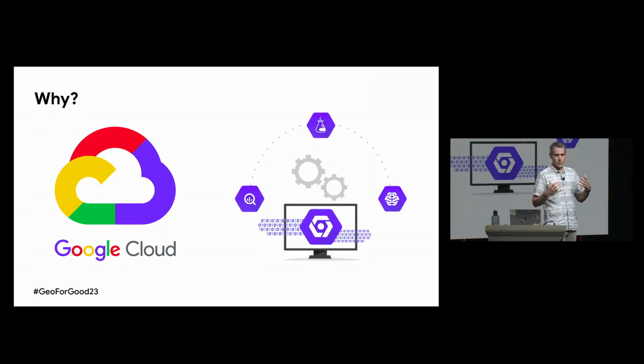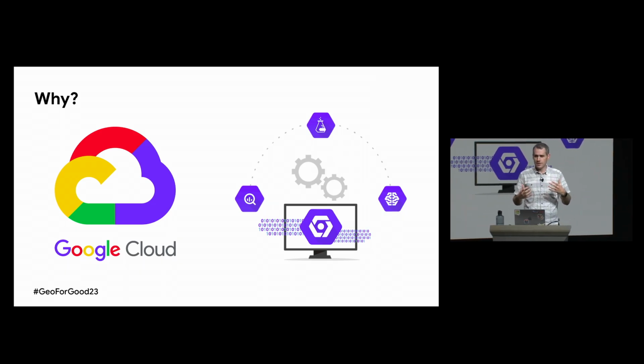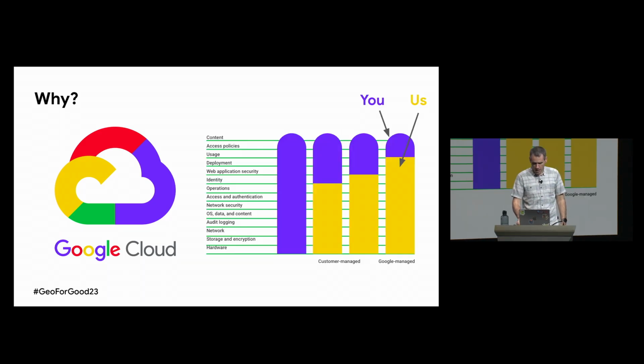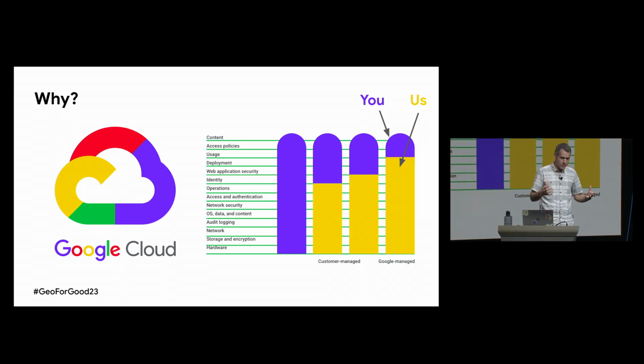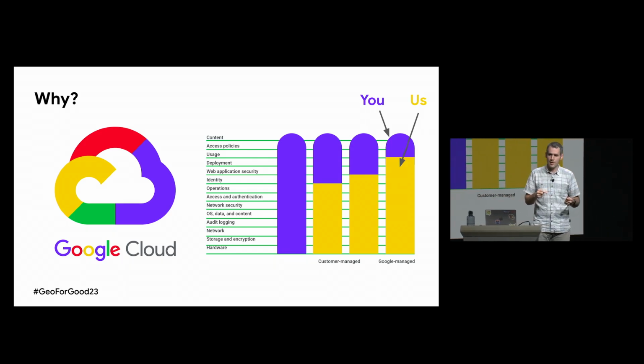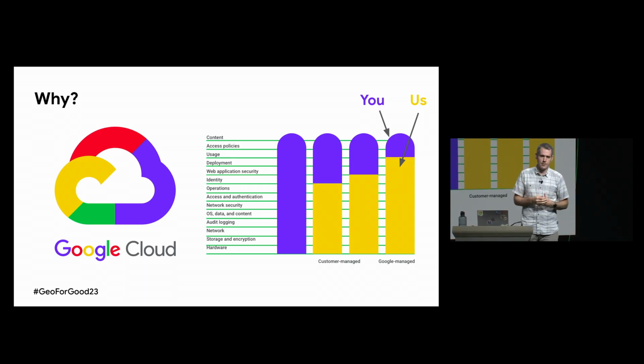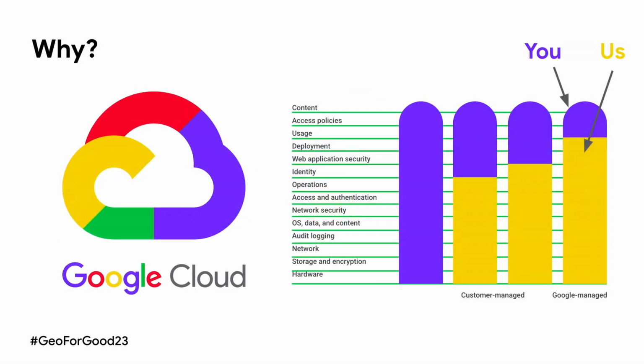We offer lots of different products, right? The first question you might be asking yourself is why? Why Earth Engine and Google Cloud? Why are we bringing these two together? Google Cloud's goal, you could say, is really the same type of goal that Earth Engine has. Google Cloud's goal is to say, hey, let us do most of the work so you can focus on your question. You can focus on building your solution.